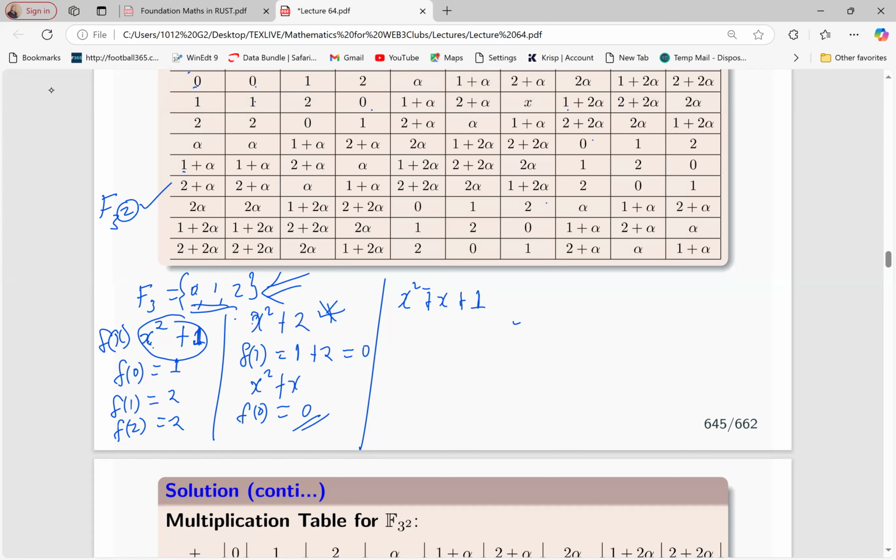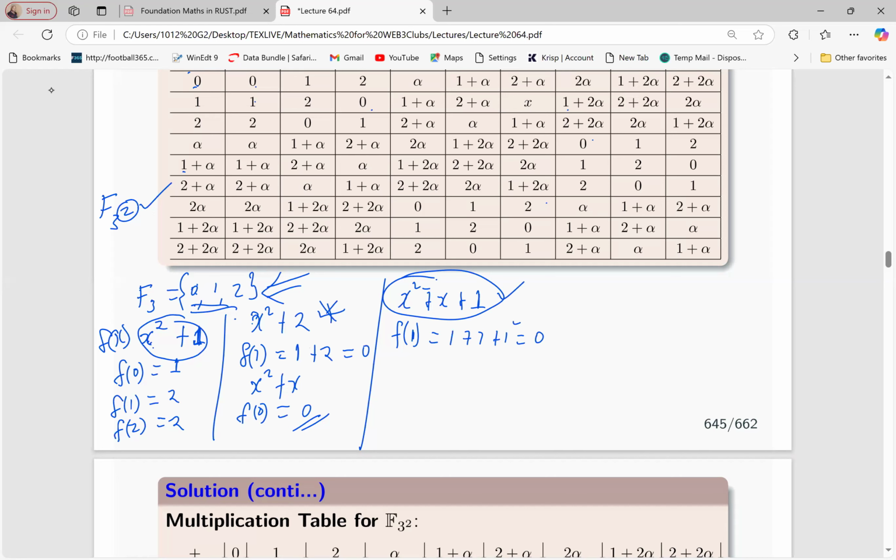I'm saying that because if you put x to be 1, you get 1 plus 1 plus 1, which is 0. That means this can be factorized mod 3, so you can never consider that.